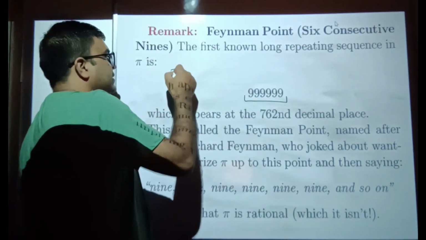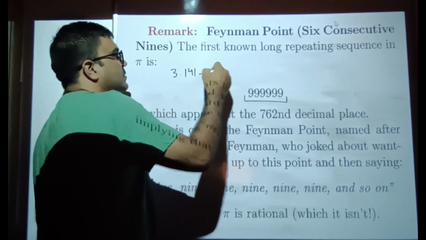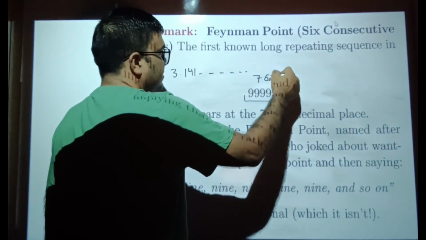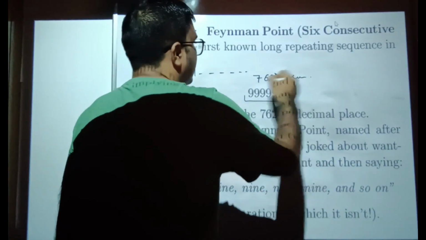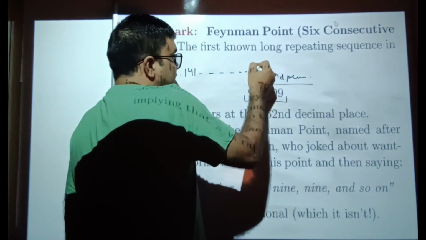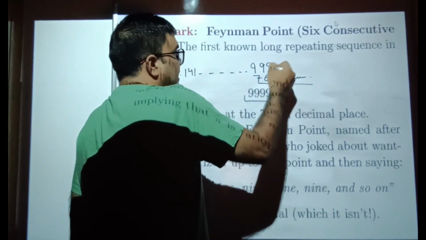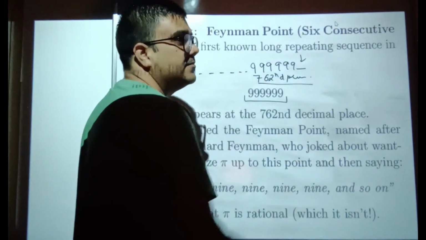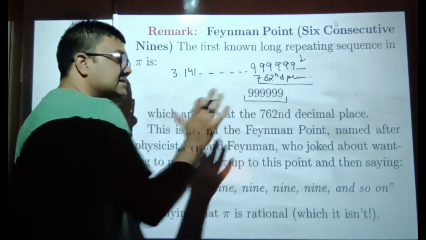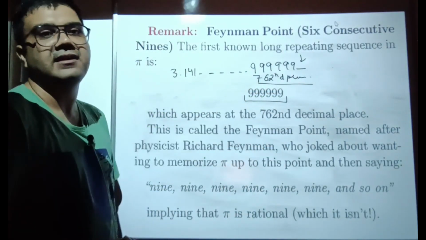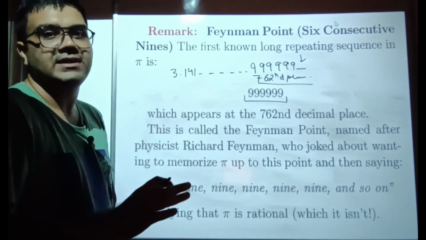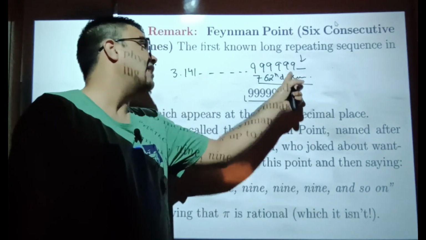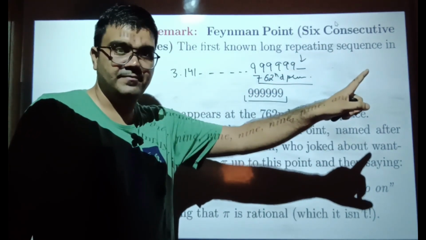When we calculate the value of 3.141 and so on, we are talking about the 762nd place. The digits we have are 999999. The next digit is not 9. Over here, it seems like the 9 has started repeating, but it is not the case. Even though the 9 appears 6 times together, after this the next digit will be different.